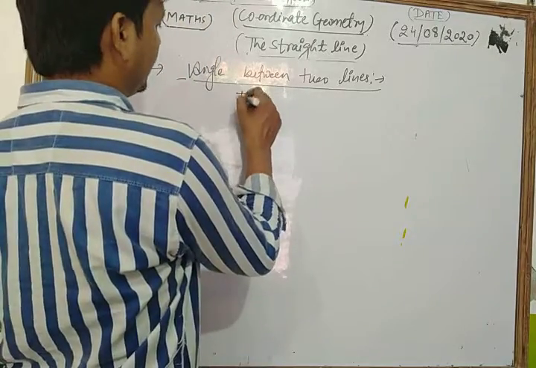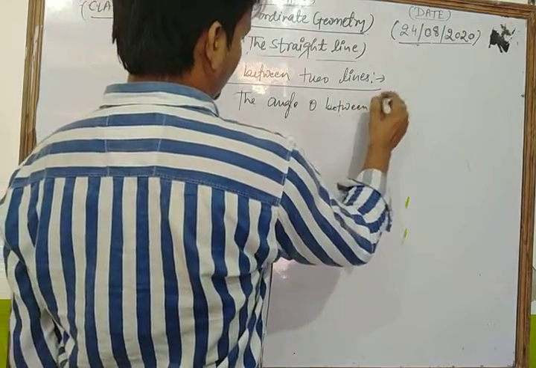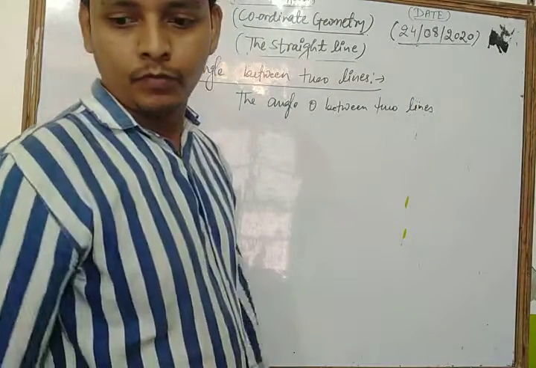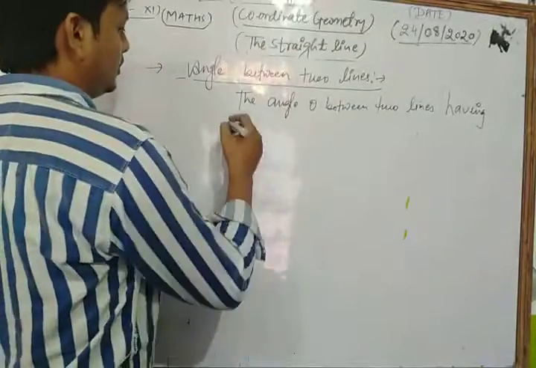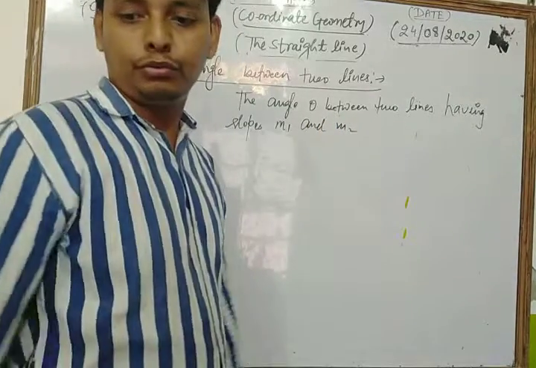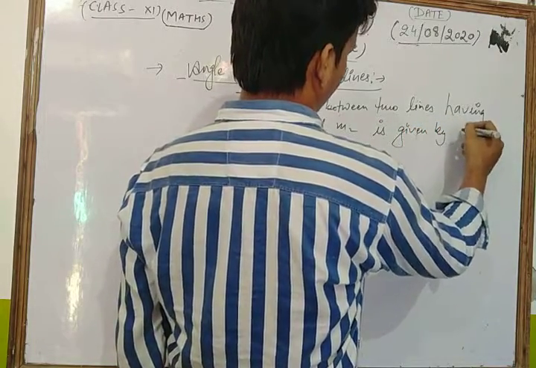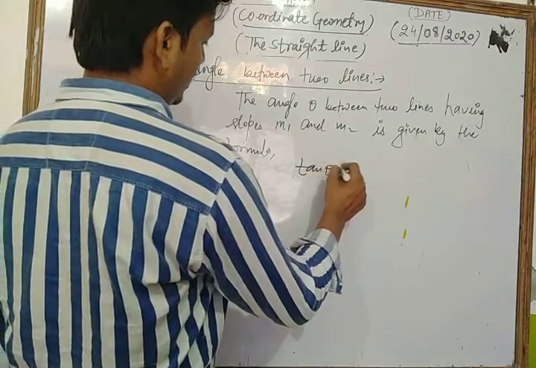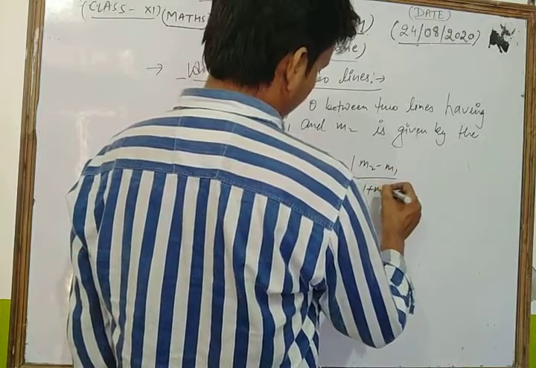The angle theta between two lines having slopes m1 and m2 is given by the formula: tan theta is equal to mod of (m2 minus m1) upon (1 plus m1 m2).